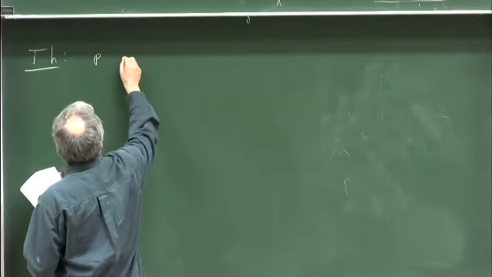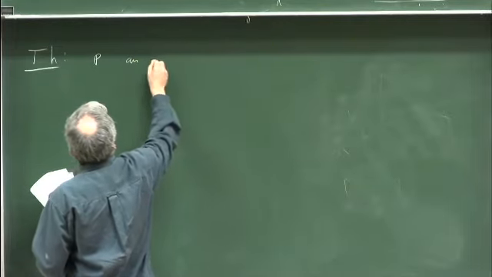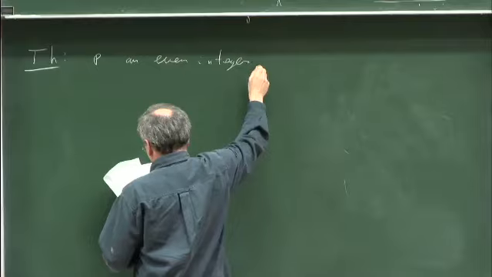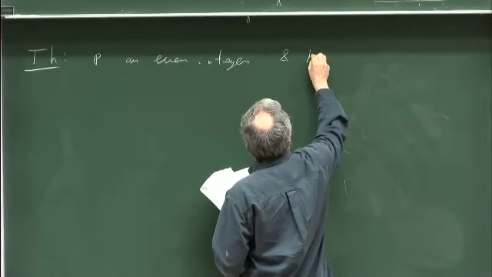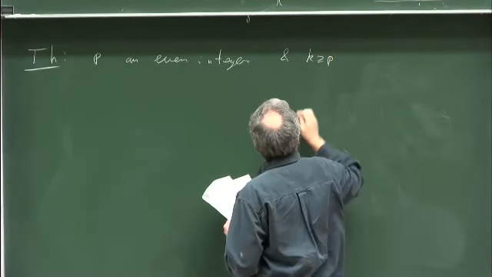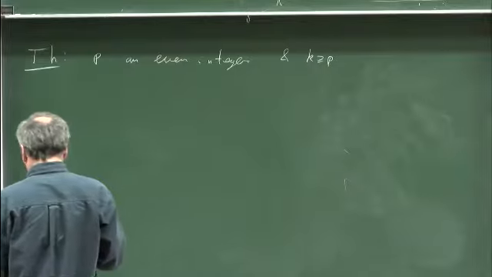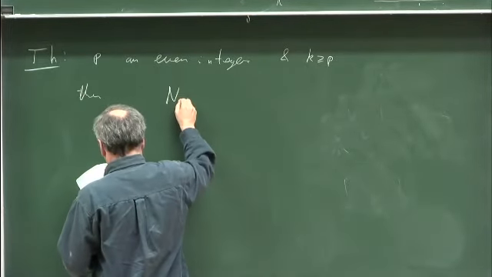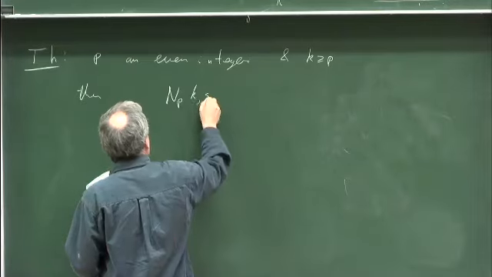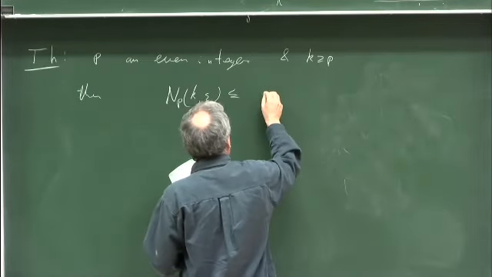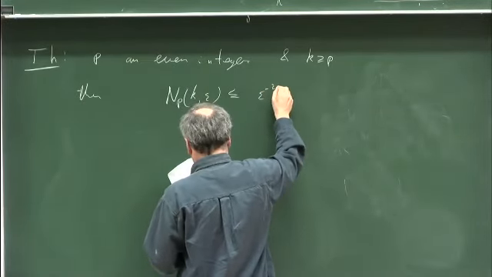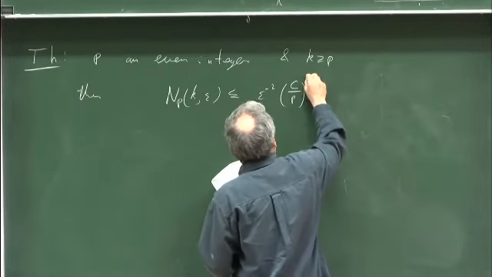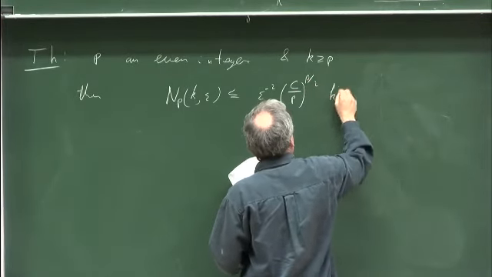If p is an even integer, then I need some technical thing, but it's really needed, and k is larger or equal than p, then n(p, k, epsilon) is smaller or equal than, I'll write it very precisely, epsilon to the minus square, an absolute constant over p to the p over 2, and then just k to the p over 2.